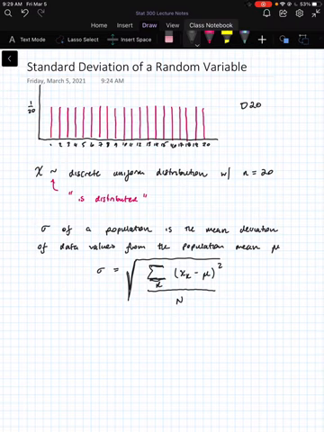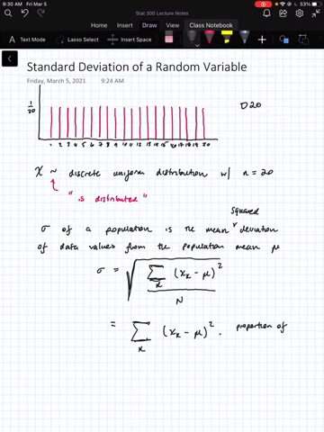And similarly to what we did with population mean and how we wrote it slightly differently, because some of these data values might be the same, they might coincide, especially if we're talking about discrete data, it might be appropriate to write this instead as the sum of these specific or unique square deviations times the relative proportion, so the proportion of this deviation over the population size n, all under the square root.